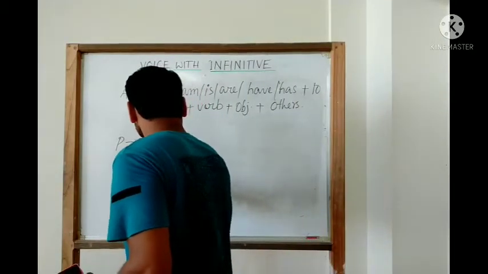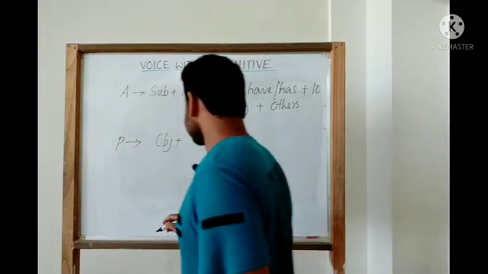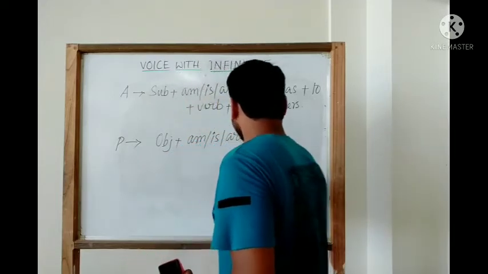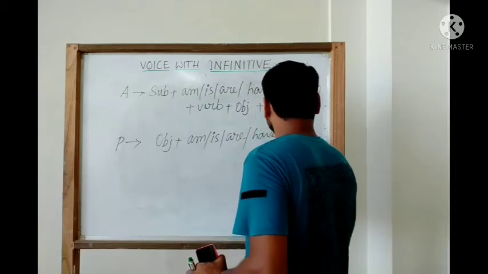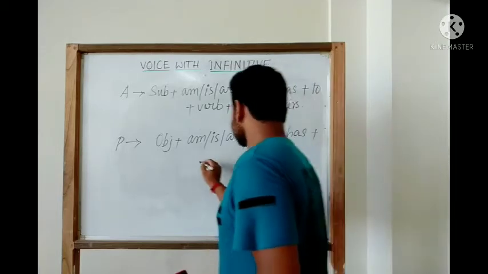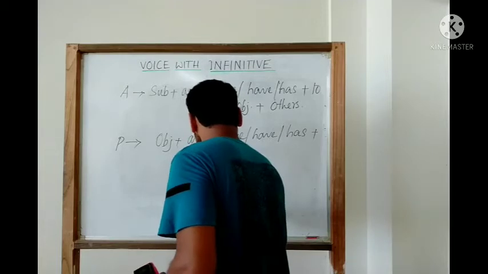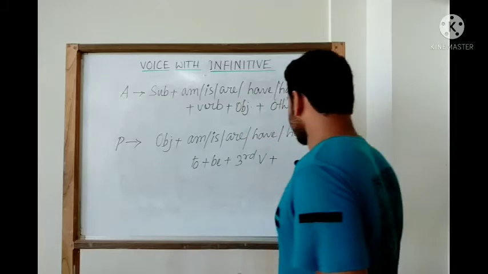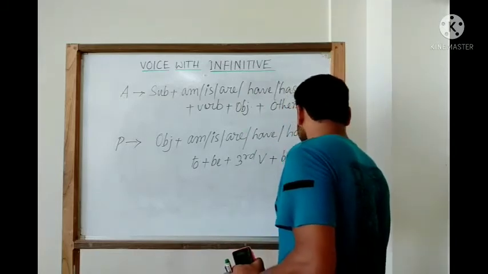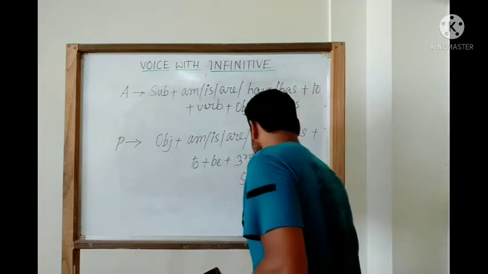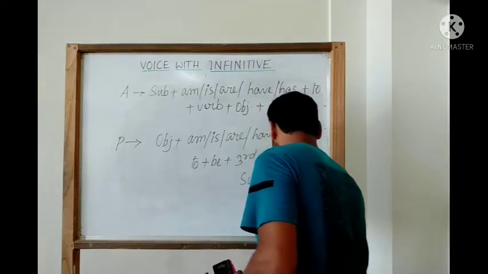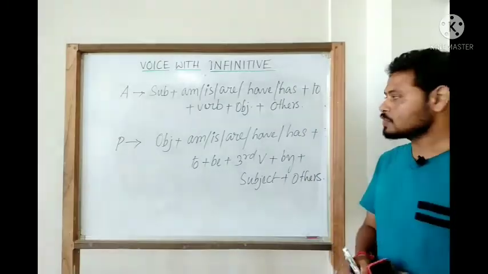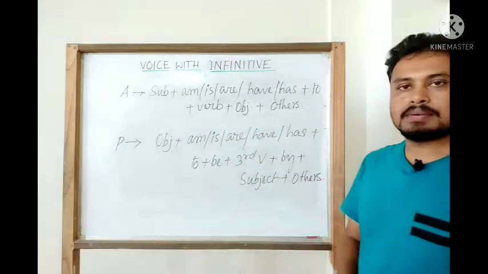It is object plus am is are, have, has, plus to, plus be, plus third verb, plus by, plus subject, plus others, if any. So this is the passive structure.